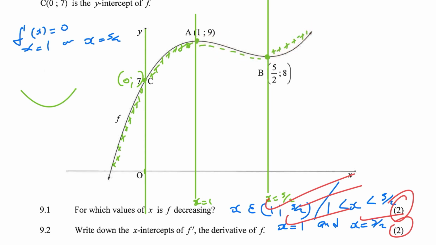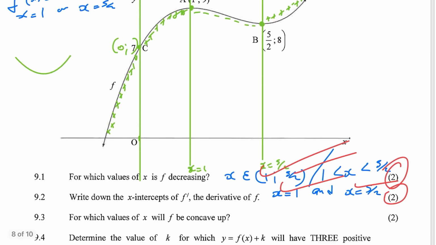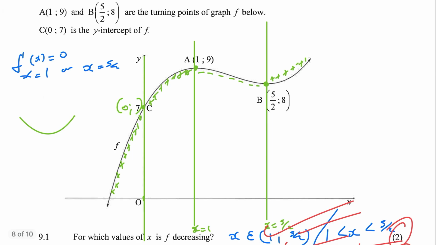To get this value, the easy way to do it is to say, okay, what is the value in between 1 and 5/2? So it's doing 9.3.